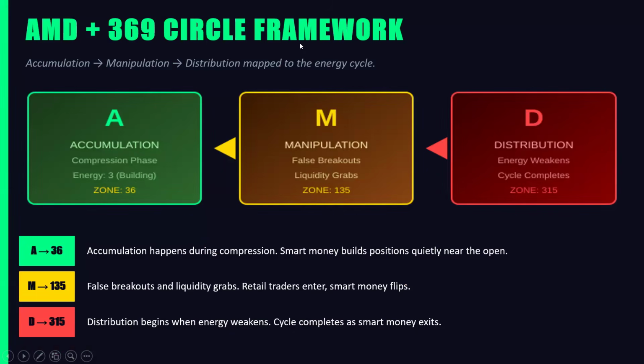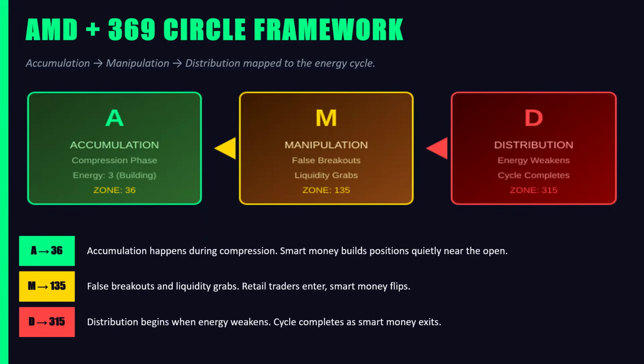So this is the 369 circle framework: accumulation, manipulation, and distribution, mapped to the energy cycle, that is 369, and also time windows. The 36 time zone is the accumulation. Sometimes it may be accumulating to distribute also.